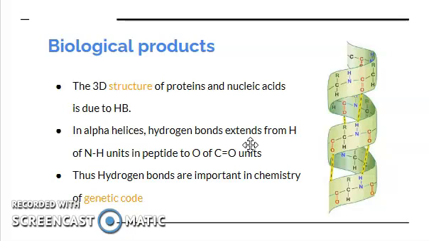The broken yellow lines indicate hydrogen bonds between the hydrogen of the amine and the oxygen of the carbonyl group. All the 4 yellow lines we can see here are hydrogen bonds. Thus these hydrogen bonds are important in the chemistry of the genetic code.